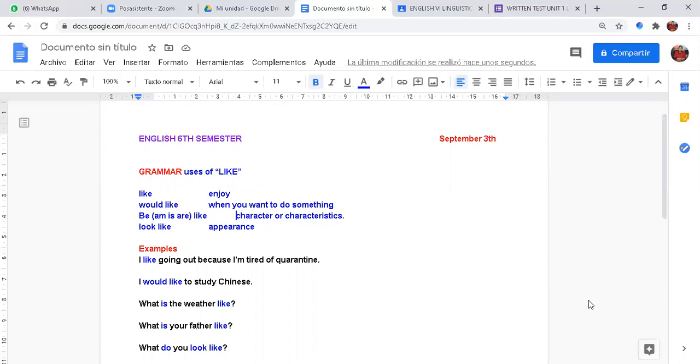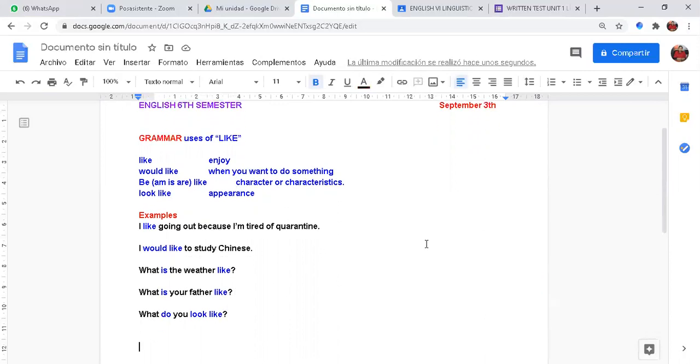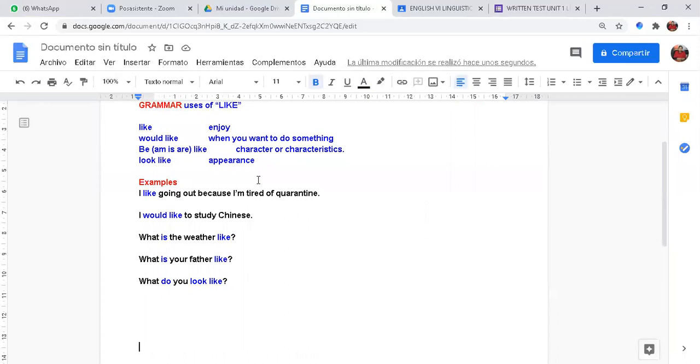Now I have other examples for you to notice. It says, I like going out because I'm tired of quarantine. So I am using like, because I like going out.